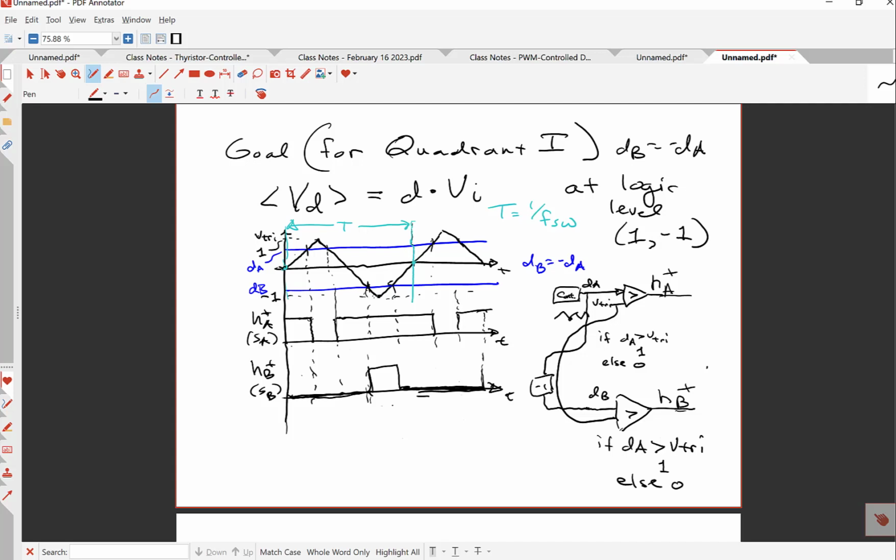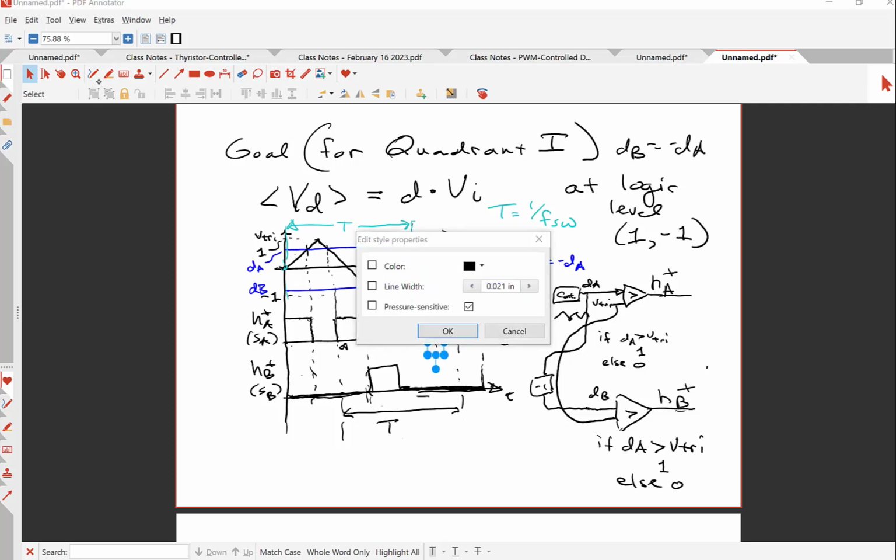Now we've got some interesting things going on here. We know that this time here is the period, just looking in on one of these periods.